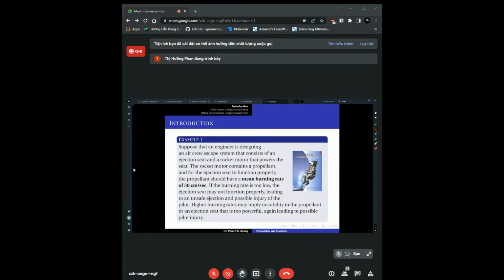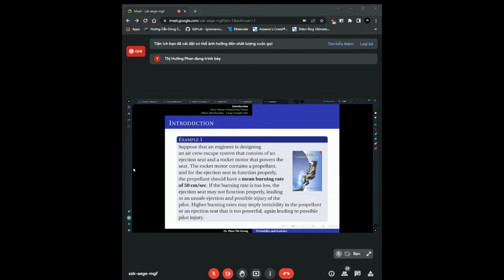So suppose that the engineers already invented and produced this system. How could they check whether the mean burning rate really equals 50 centimeters per second or not?